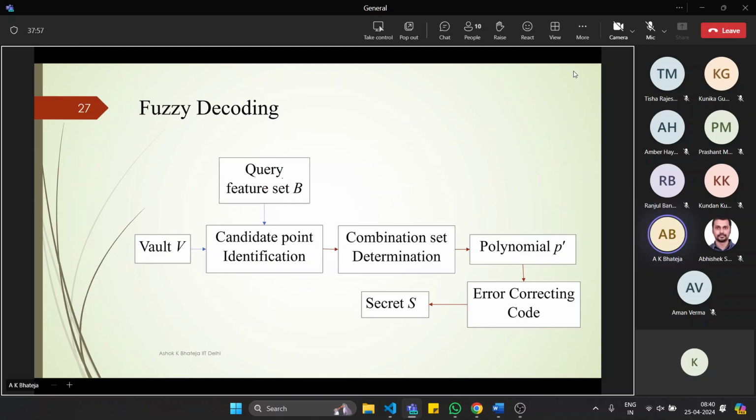Then you can combine and you can construct the polynomial. This is the polynomial P dash. So it may not be possible sometimes that the same polynomial has been obtained. So how can you check that? You can find the CRC, check through CRC. If the polynomial is correct, fine. It means you have got the secret. If CRC does not match, it means the polynomial is not correct. It means there was some error while selecting the points.